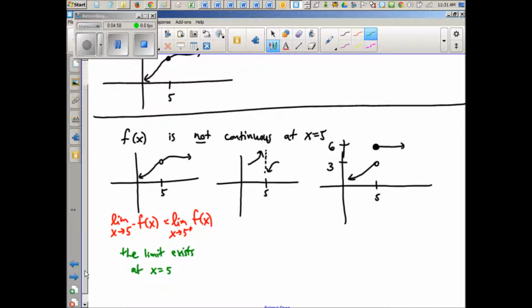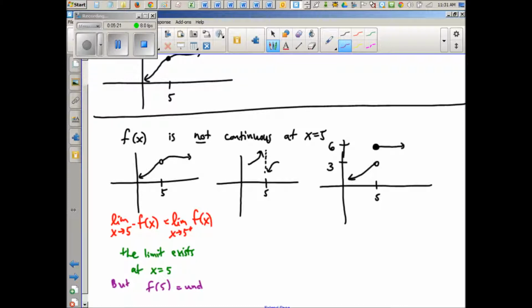So there is a hole, in other words, a missing point. So what's the but statement on this? But f of 5 is undefined. Right? F of 5 is undefined.